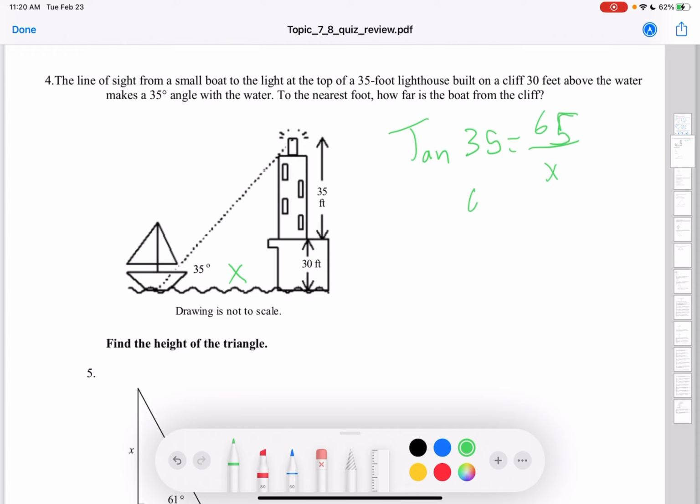So the number's on the top, so I'm going to go 65 divided by the tangent of 35. Break out a calculator. 65 divided by the tangent of 35 is 92.8, so 93, round to the nearest foot. So 93 feet is your total for that one.